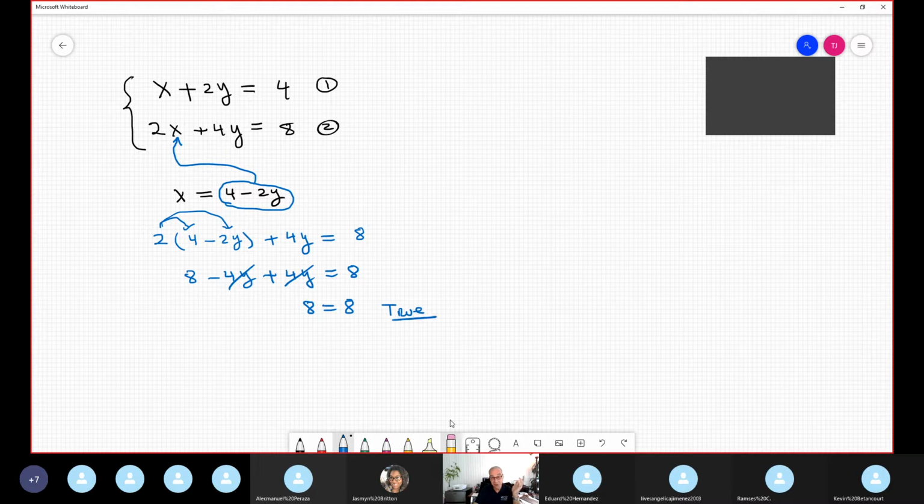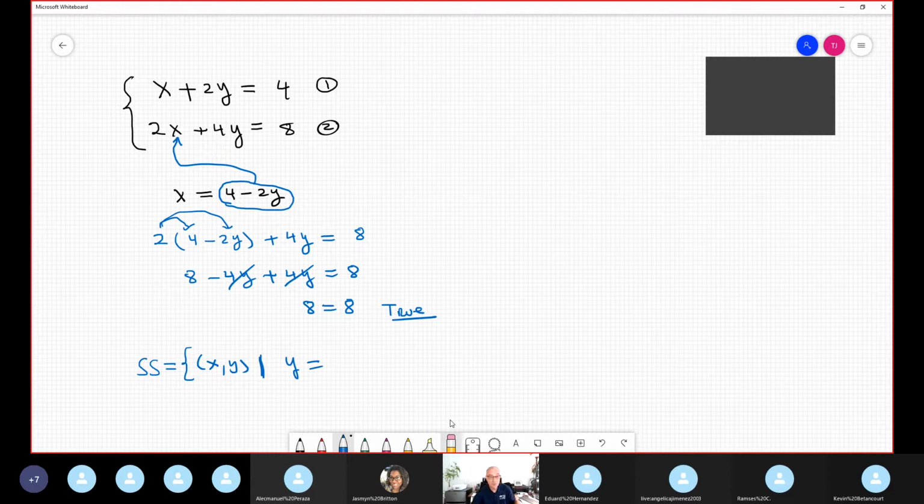And for infinitely many solutions, remember, you write the solution set like that. Solution set is all the ordered pairs x, y such that, and you take either equation, suppose equation 1 or equation 2, you solve for y. Remember is y equal, I don't remember.